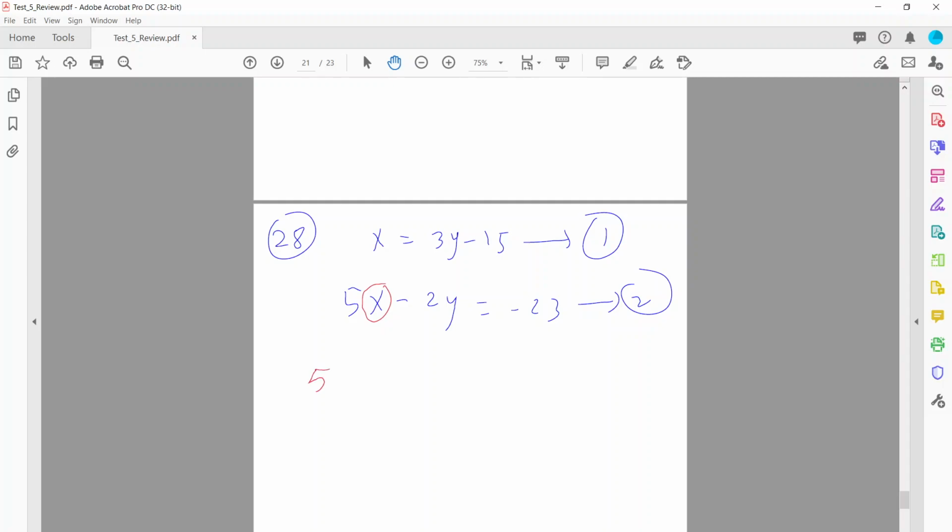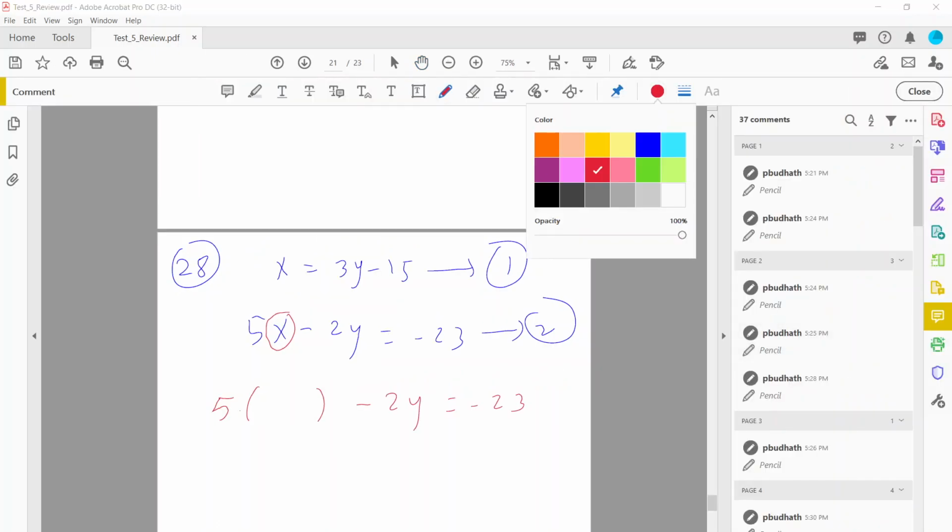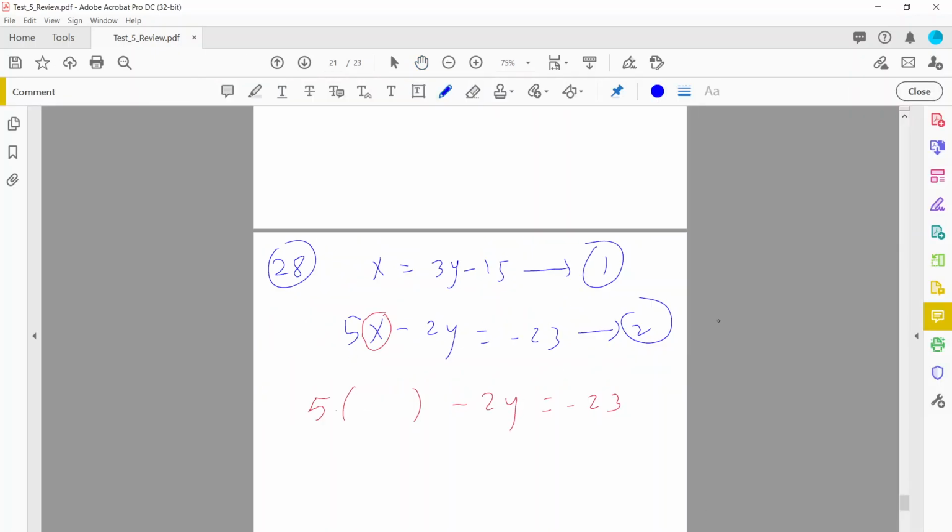So just see here, 5 times x minus 2y equals negative 23, and as you can see, x is 3y minus 15. Now we need to solve this for y. For that we can just distribute the 5: that will be 15y minus 5 times 15 is 75, minus 2y equals negative 23.